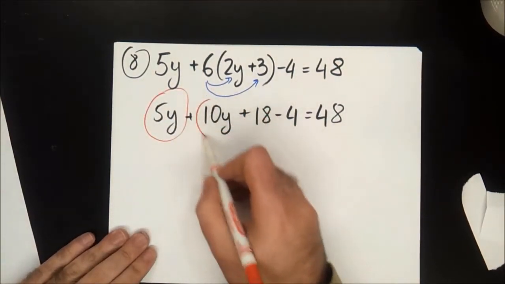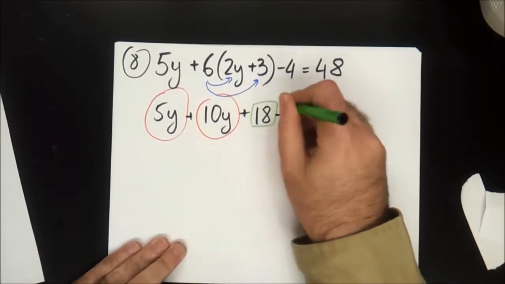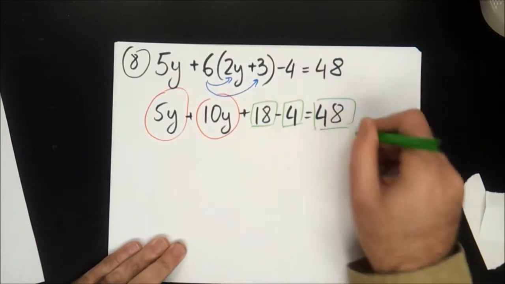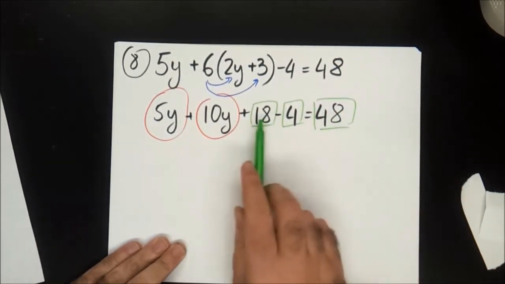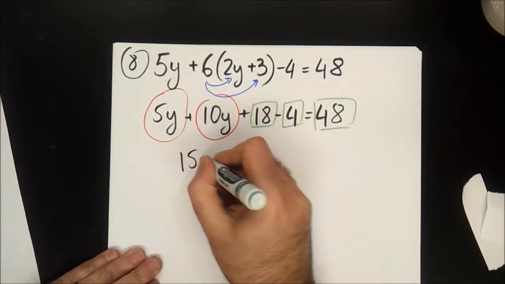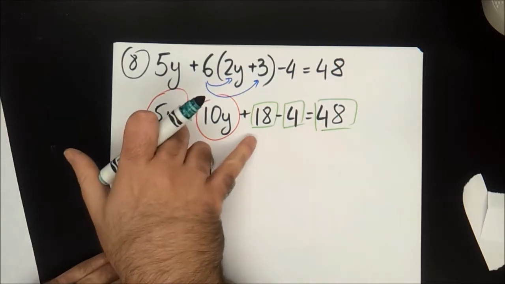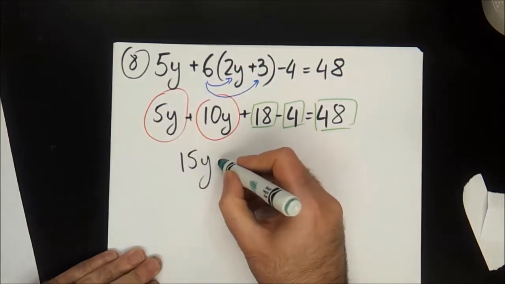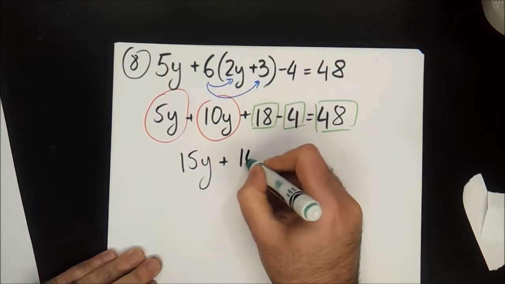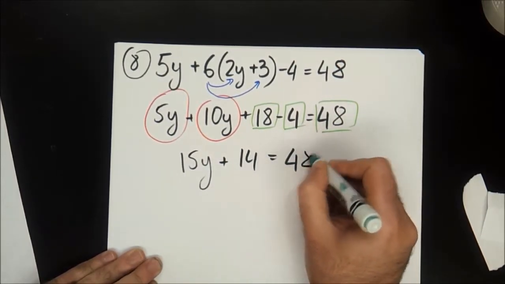Y term, constant, although I won't be able to combine this constant with the others because it's on the other side of the equation. Alright, 5y plus 10y, 15y. 18 minus 4, it's going to be plus 14. All that equals 48.